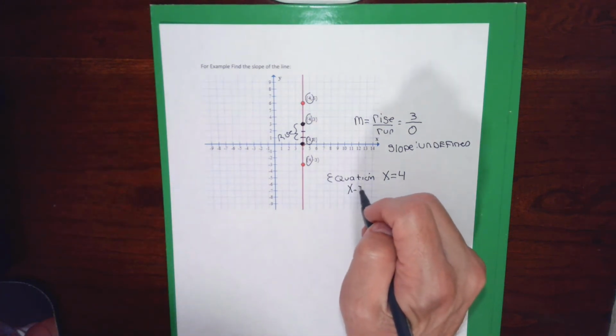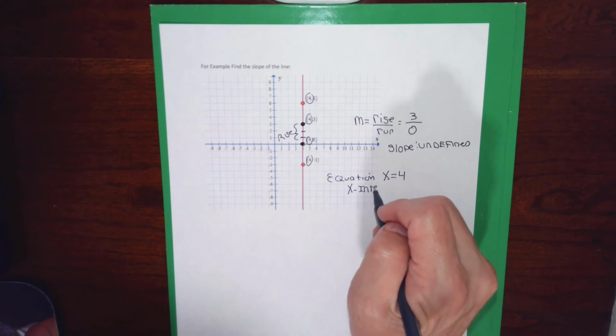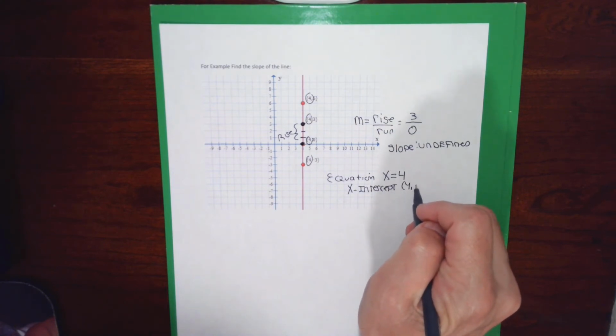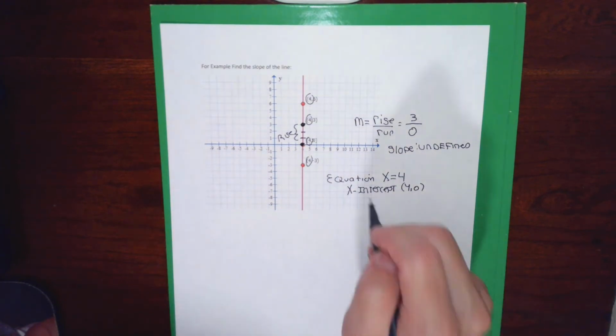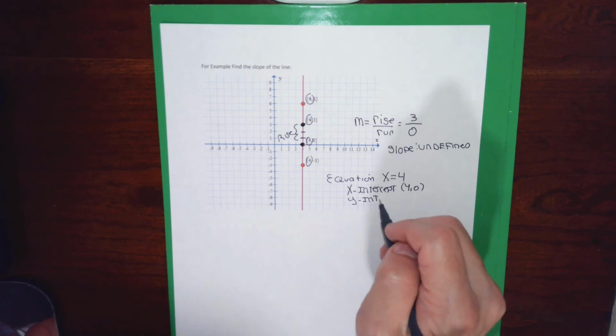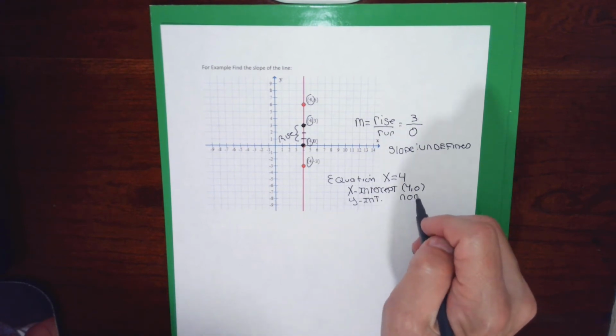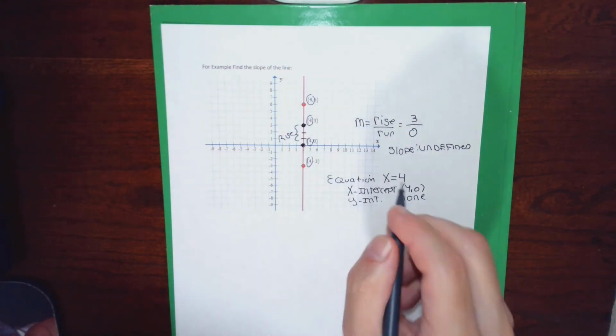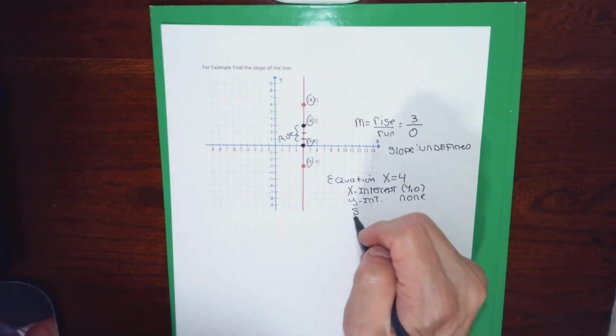If I was asked to find the intercepts, this line crosses the x-axis at the point (4, 0), so the x-intercept is (4, 0). The graph is parallel to the y-axis, so it doesn't have a y-intercept, because that would be a point where the graph crosses the y-axis and there isn't one.